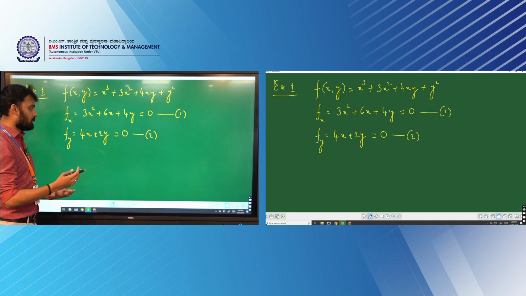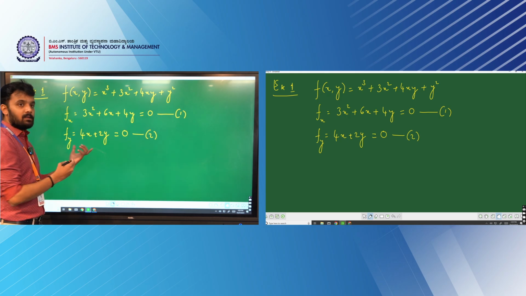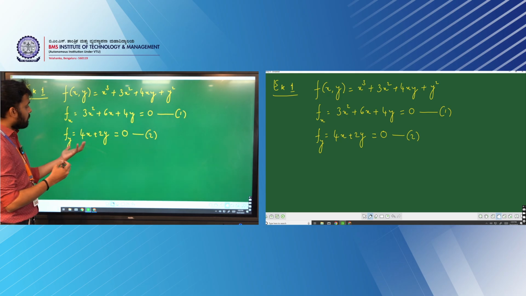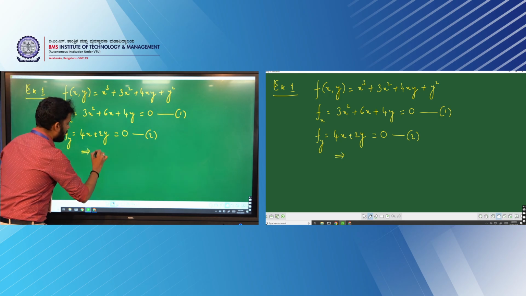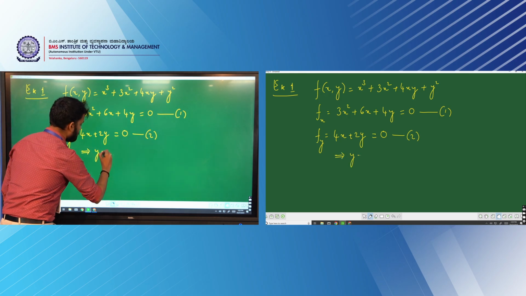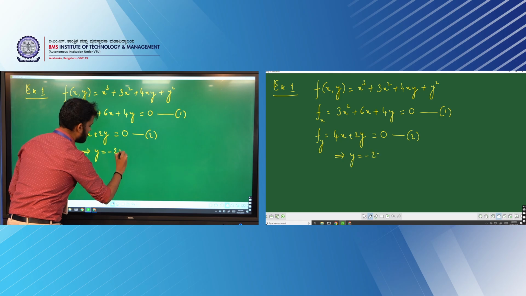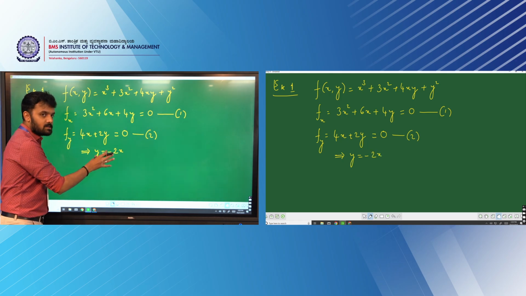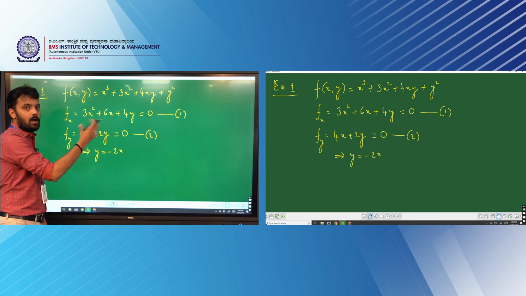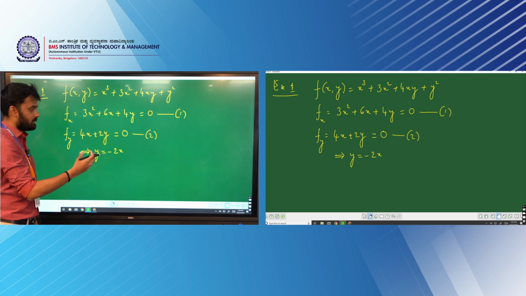So to do that, from the second equation we know that 4x plus 2y is equal to 0. From this, we can find that y is going to be minus 2x. We'll substitute this y equal to minus 2x in the first equation, and we'll be able to find the critical points.